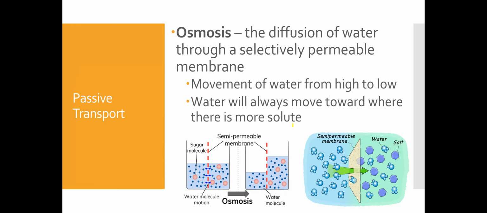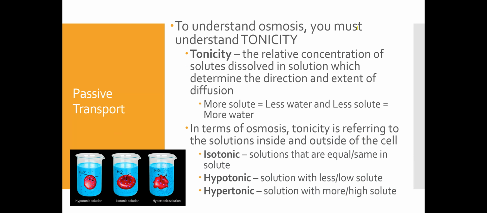Because water can freely move across the membrane, anytime there is not a balance in concentration, anytime we do have that concentration gradient, water is going to move from where there is more water to where there is less water. Okay, so we're still moving from high to low, which is why osmosis is passive, but it's specifically going to be the movement of water.